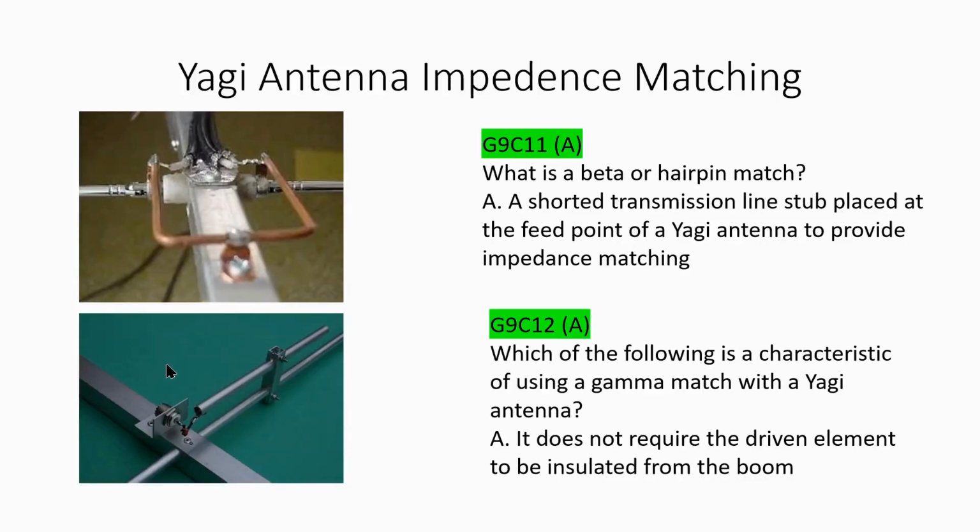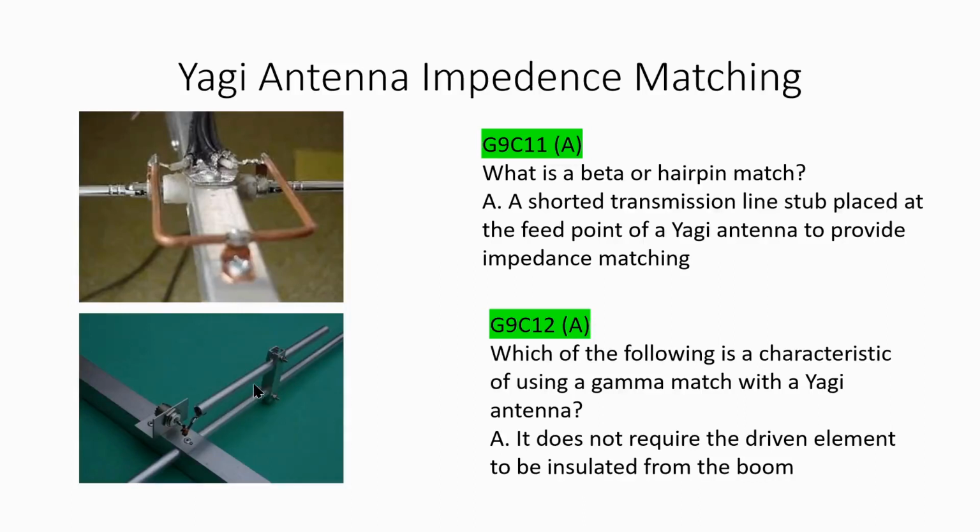In the lower example, the gamma match is ideal for coax because the driven element is actually bonded to the boom. It's at 0, it's grounded. So you're only matching one side, but because it's a dipole, it still works.